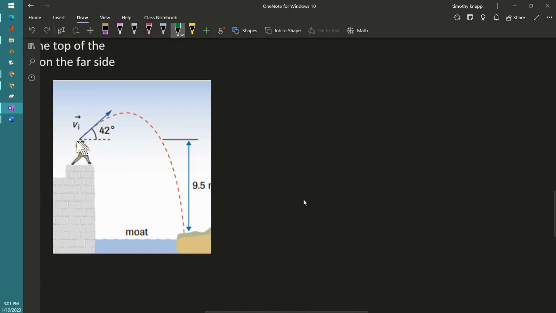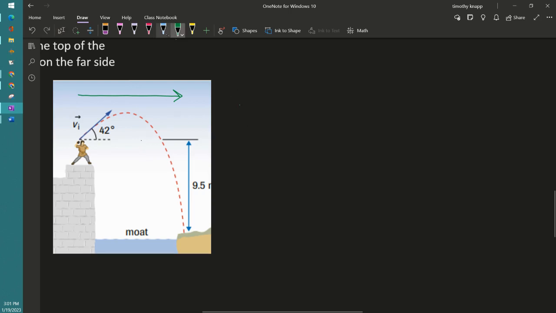How am I going to find that? This is just like the helicopter question where I know the thing was in the air for 2.4 seconds and it had a constant horizontal velocity of 8.9.